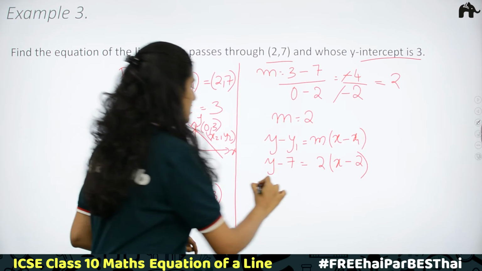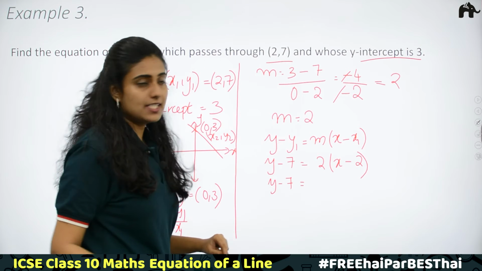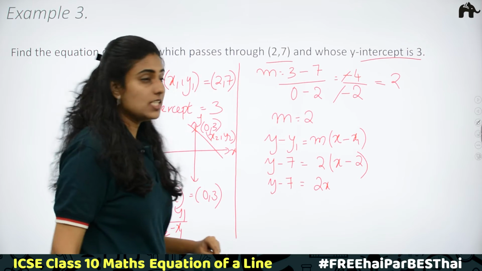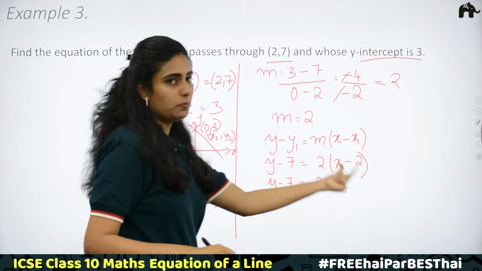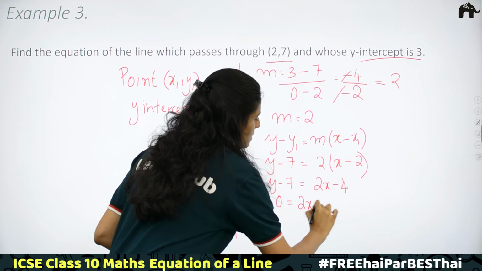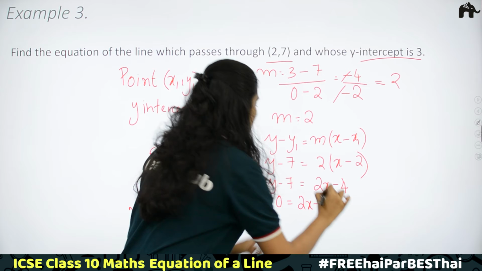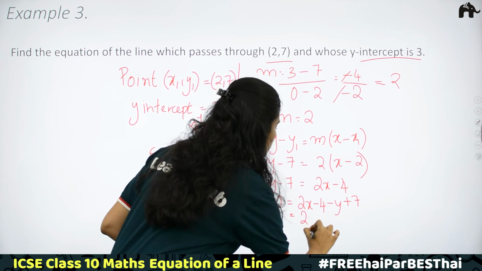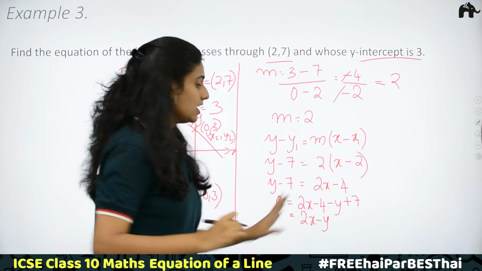Okay, that is y minus 7 is equal to, removing the brackets and multiplying, we get 2 into x, 2x. 2 into minus 2 is minus 4. Taking this to the opposite side, 0 is equal to 2x minus 4, y becomes minus y, and minus 7 becomes plus 7. That is equal to 2x minus y, minus 4 plus 7 is plus 3.